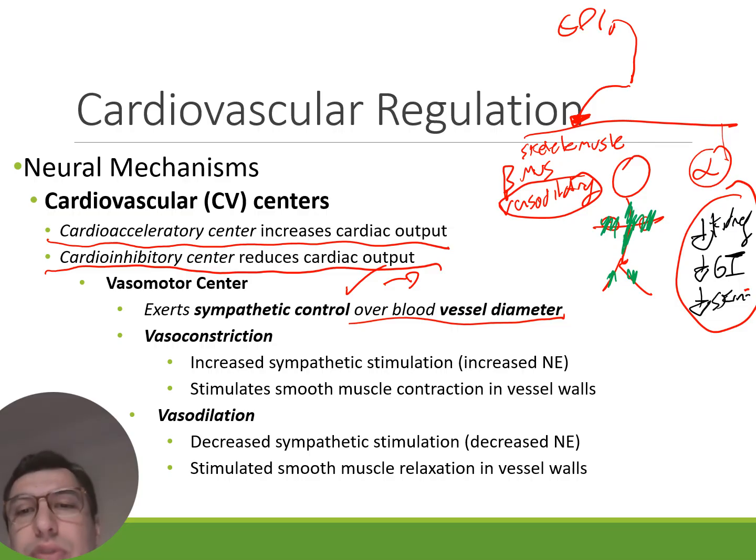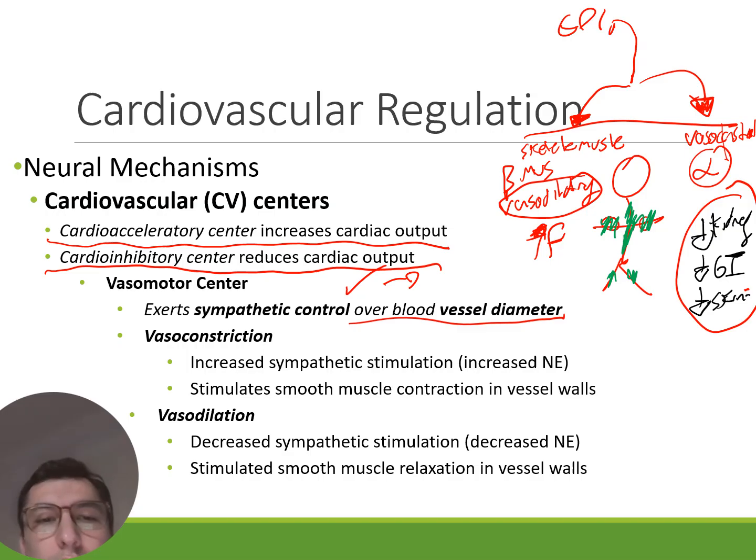So we're increasing blood flow to muscles. And when we are having epinephrine activity on vessels of the skin, the GI tract, and the kidneys, we're causing vasoconstriction. All right.